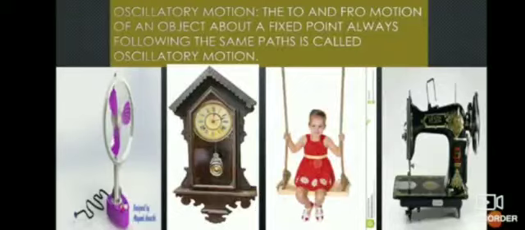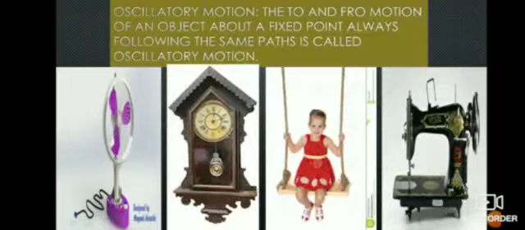For example, the girl on a swing moves backwards and forwards on either side of the rest position of the swing. Similarly, in other cases also, the body is in to and fro motion along the same path of motion. This type of motion is called oscillatory motion.